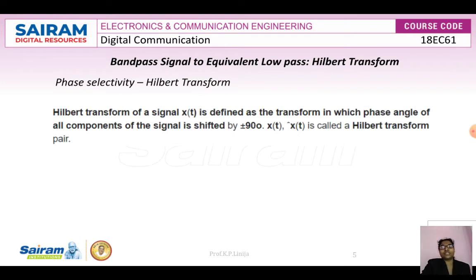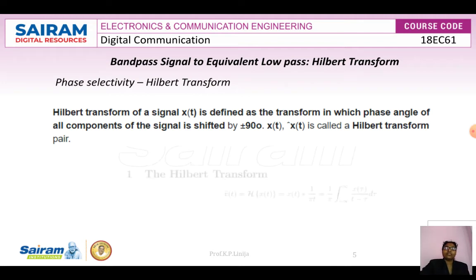Now the Hilbert transform of a signal x(t) is defined as the transform in which the phase angle of all components of the signal is shifted by plus 90 degrees or minus 90 degrees. After shifting, the signal x(t) is represented by x cap of t, and that x cap of t is called a Hilbert transform pair.